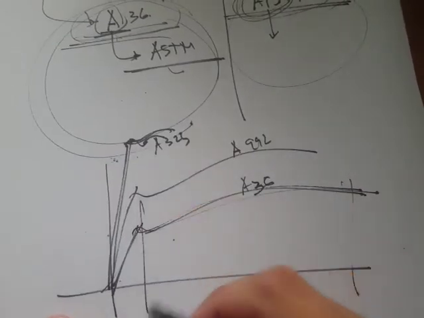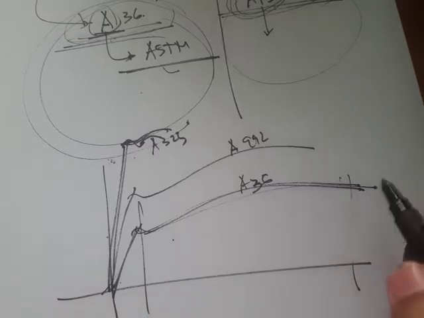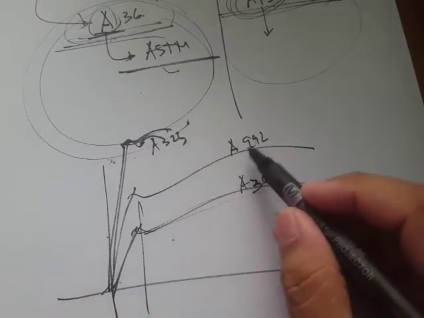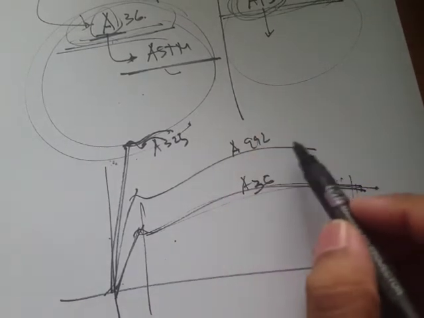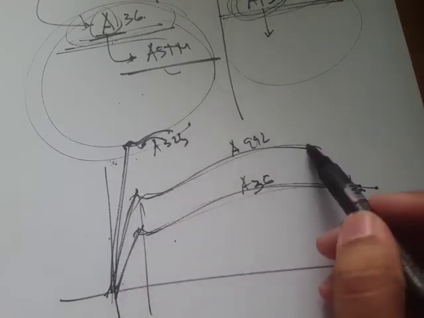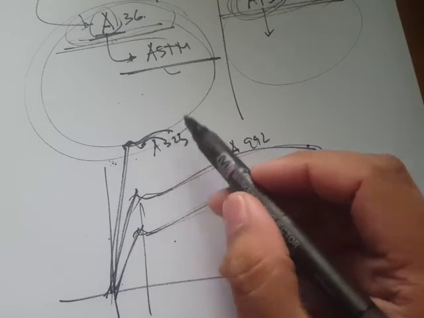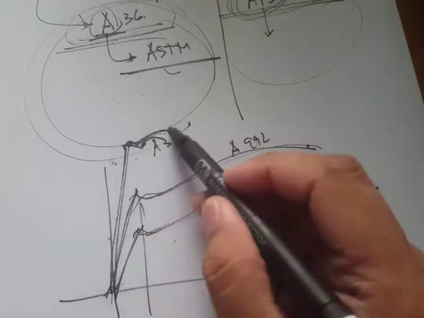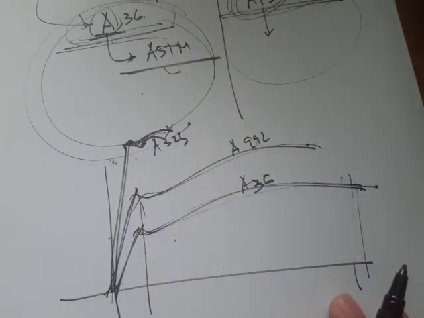Ductility is this portion here, this deformation. For A992, you have higher grades, higher strength. And for A325, you have much higher strength, but less ductility.